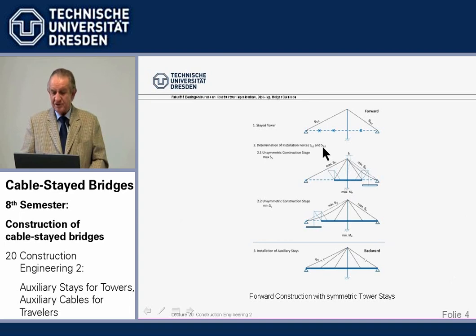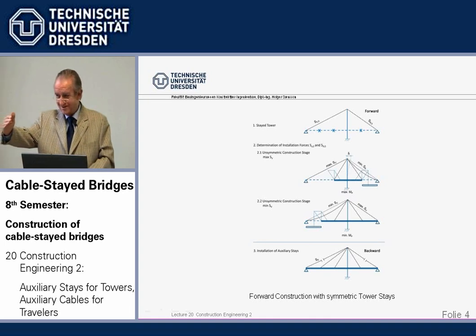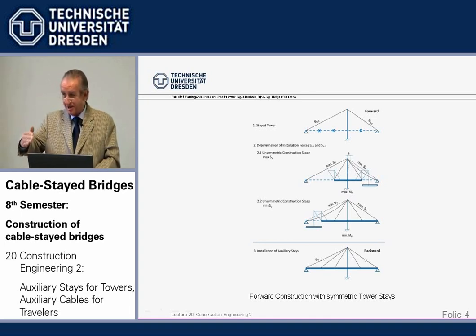So our construction engineering, what do we do? We think and calculate first forward, that's all we have, in order to find out how, going backwards, we have to install with what force the auxiliary stays at the tower.